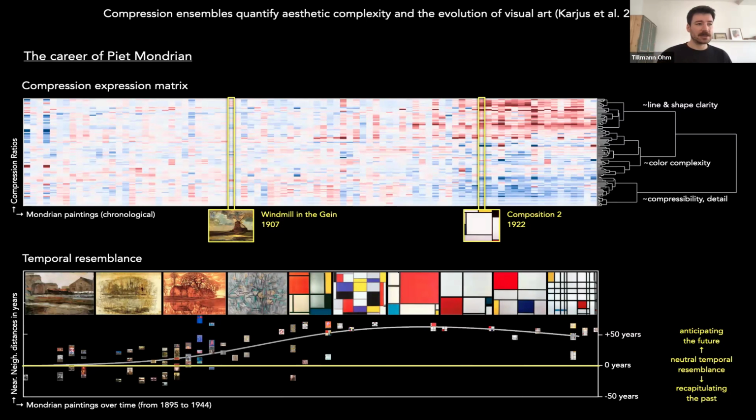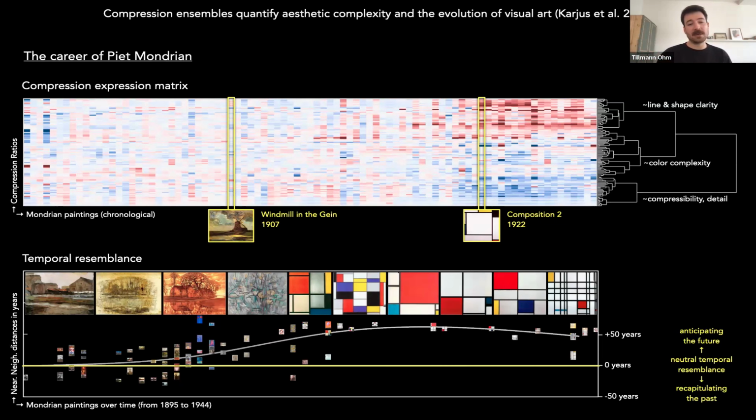So in this plot, if the gray line goes above the yellow contemporary base, it means the artist's creations resemble the work of other artists in the upcoming years, so anticipating the future. If the line goes below, the artist seems to recapitulate the past. In Mondrian's case, we see that he quickly became ahead of his time, with artworks resembling others up to 50 years into the future, based on the compression ensemble similarity space.